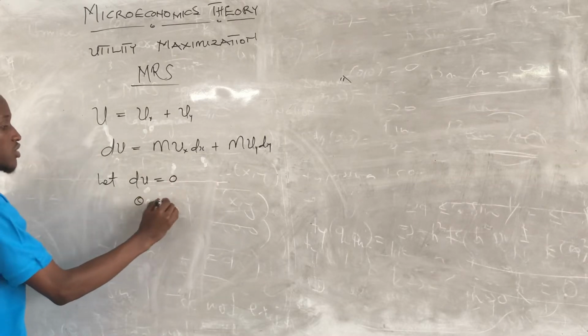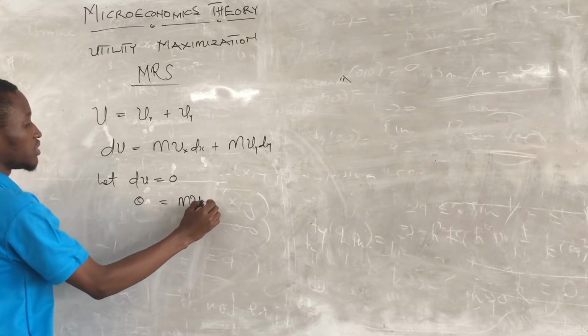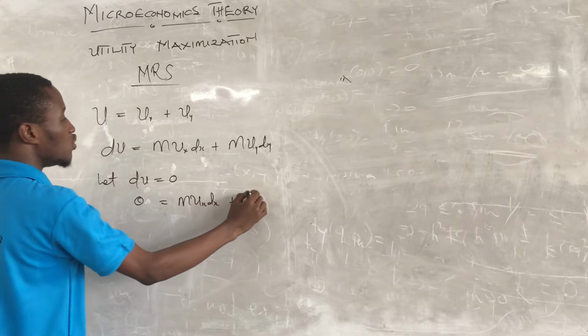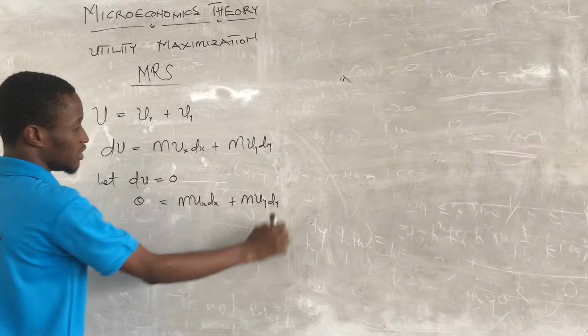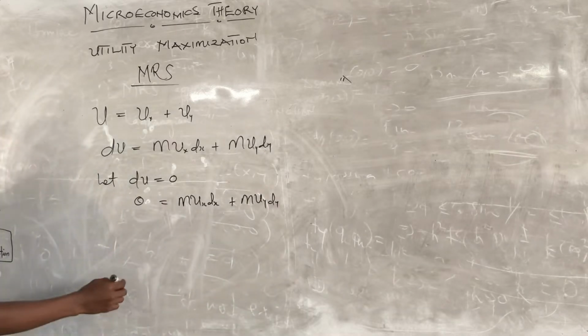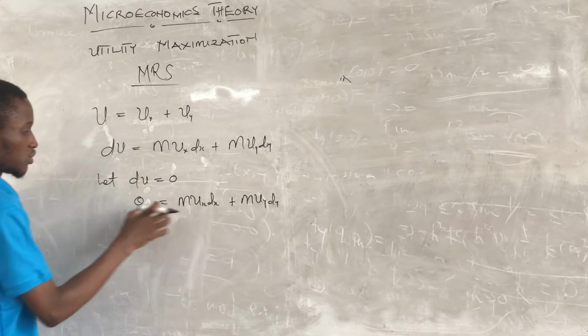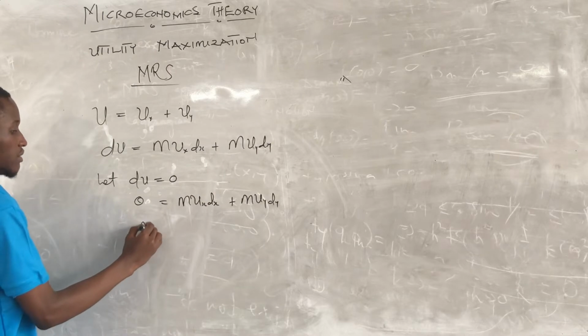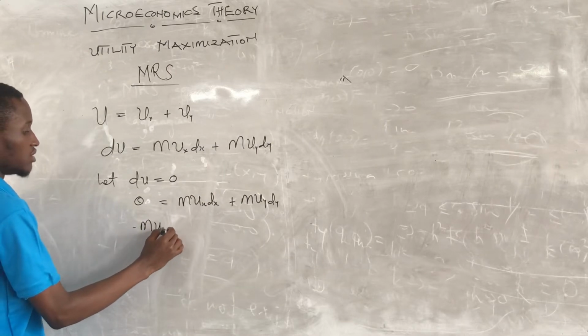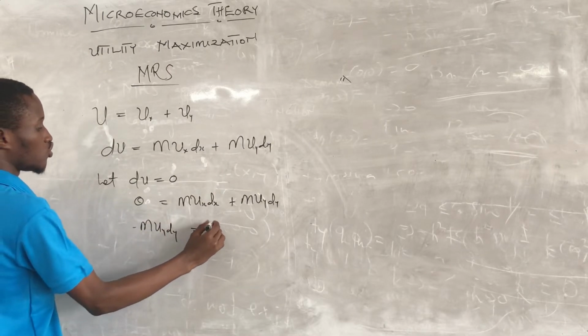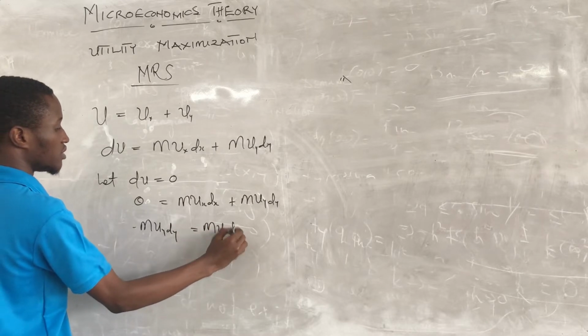So you have 0 is equal to MUx dx plus MUy dy. Then I'll bring this one over to get negative MUy dy equal to MUx dx.